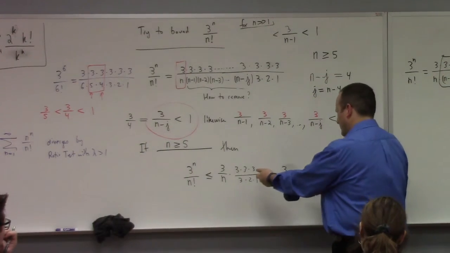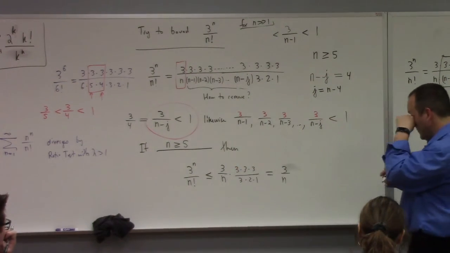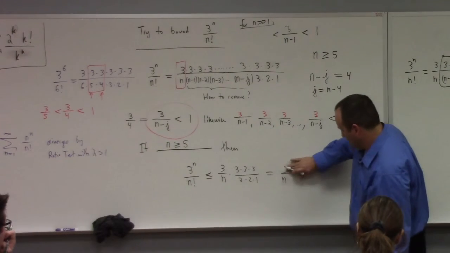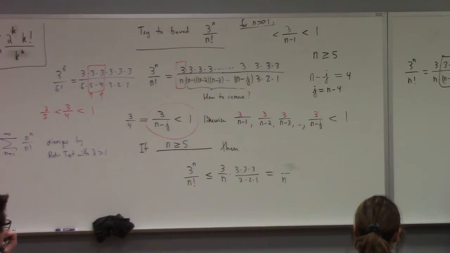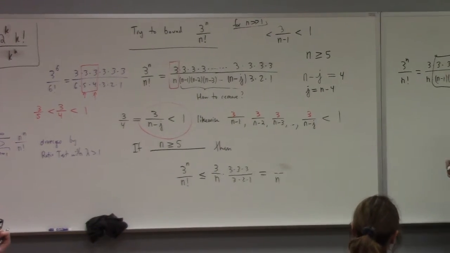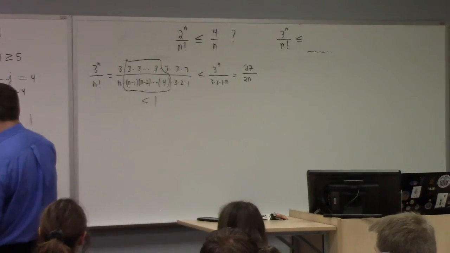Oh, is this right? No. What should I have there? Looks like 27 over 2n, yeah? The 2's, this 2 is still there, right?